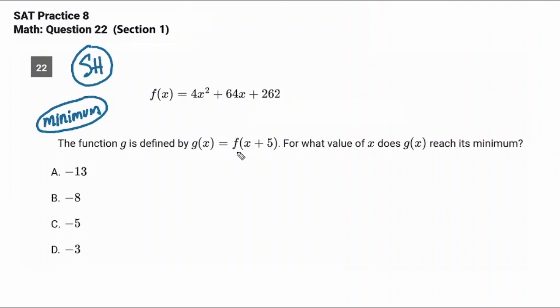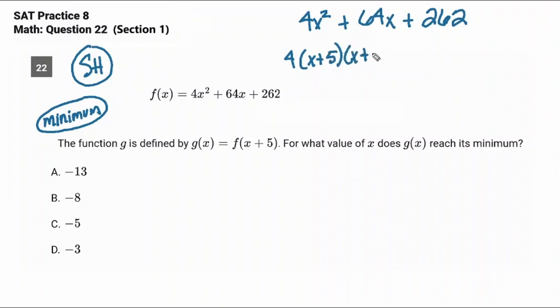And then what you're doing is you're going to take this function and you're going to follow these directions, which says add. You can do x plus 5. It means that every time you see an x, you're going to add 5 to it. So let's just start by rewriting this function here. 4 times how many x's here? 2 of them. So it's x plus 5 times x plus 5.